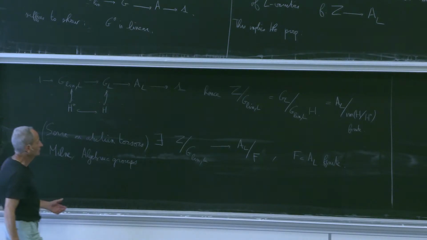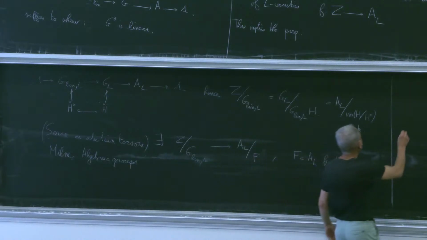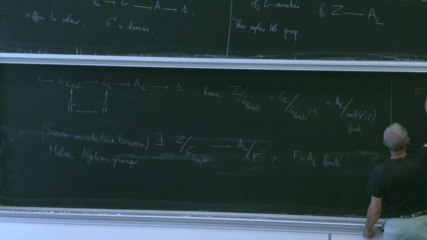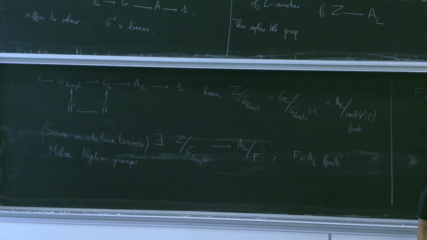And why does this complete the proof? Because you see every finite group of an abelian variety is contained in some n torsion group for some n.